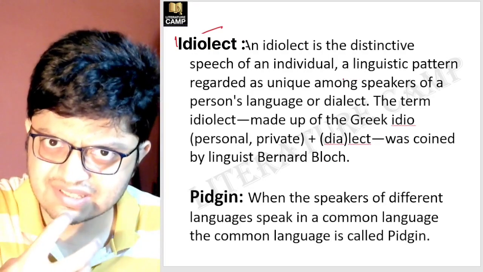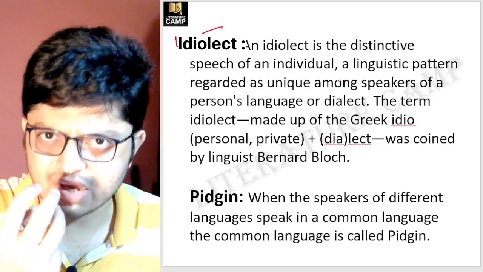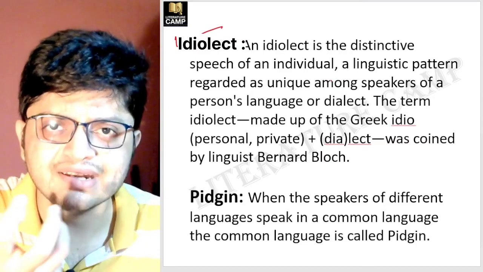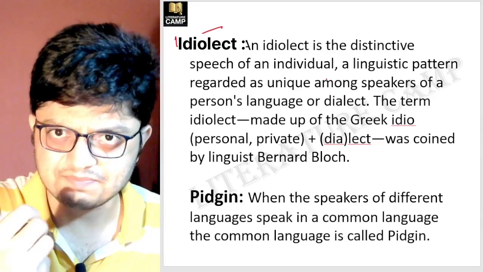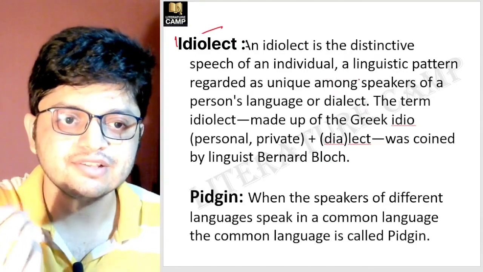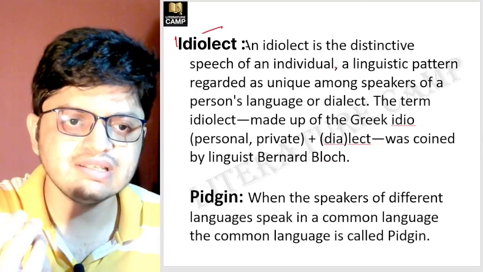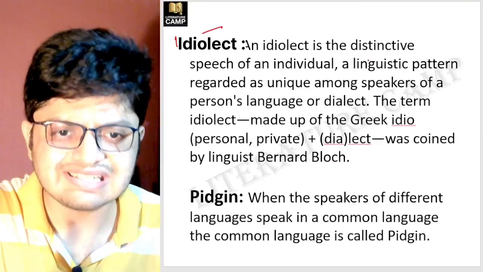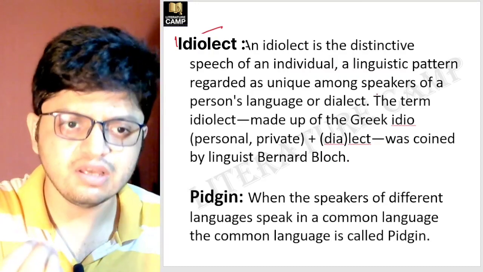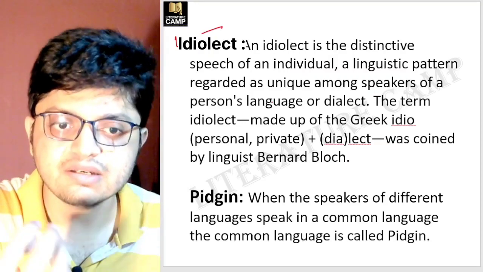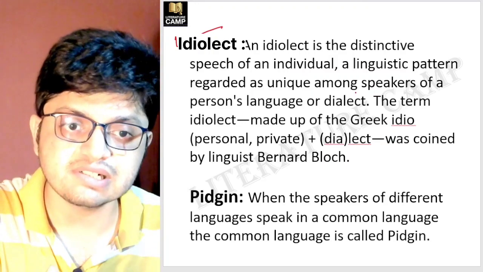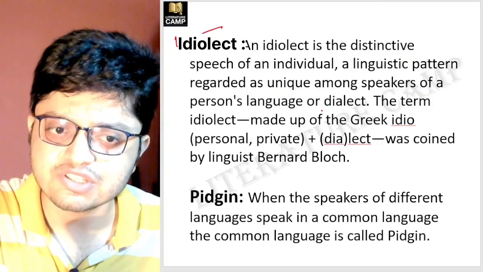If we see our speaking manner, we will find we speak in a pattern, unknowingly or knowingly. So idiolect is the distinctive speech of an individual or a linguistic pattern regarded as unique among the speakers of a person's language or a dialect.